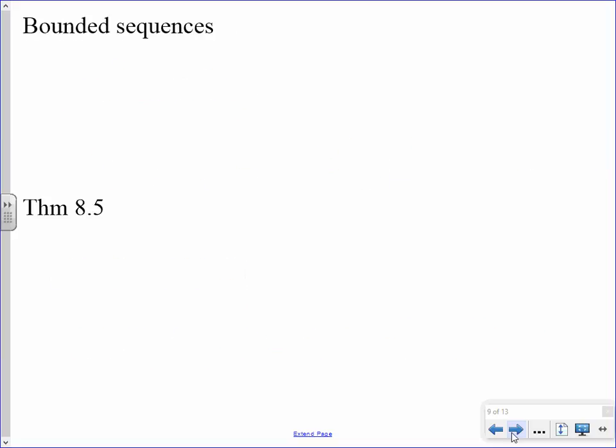Something like n over n plus one is monotonic, but then there's one, negative one, one, negative one, which isn't. Okay, bounded. Describe it to me.